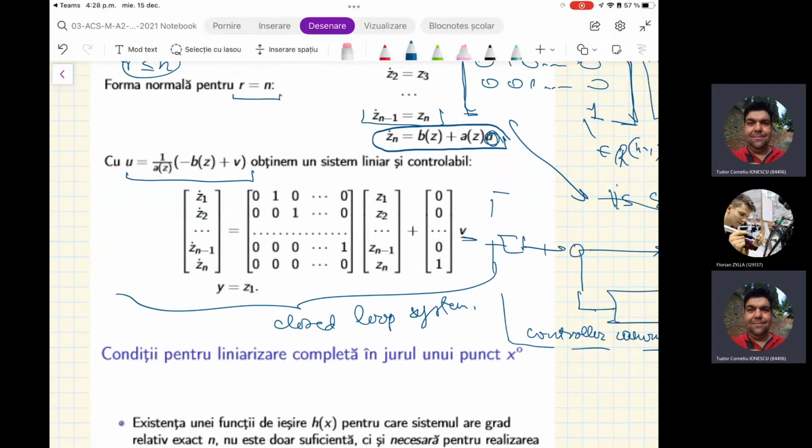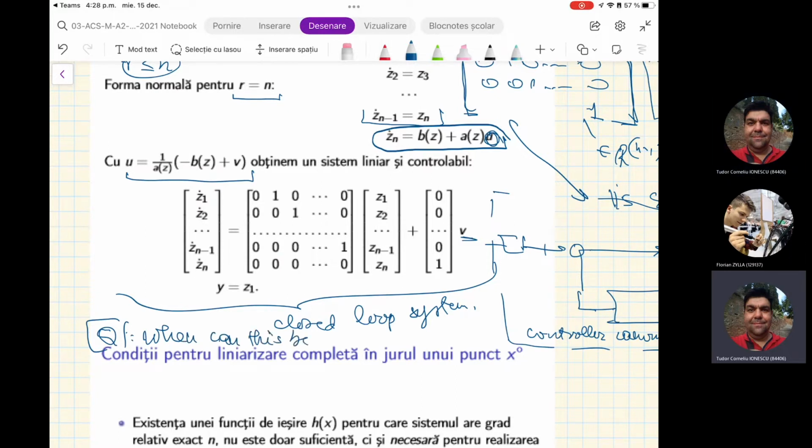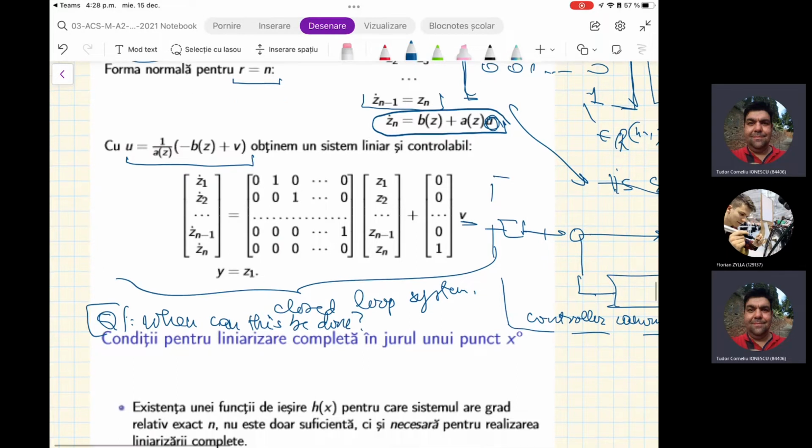Now the question to be answered is, when can this be done? When can we do full feedback linearization? Under what assumptions?